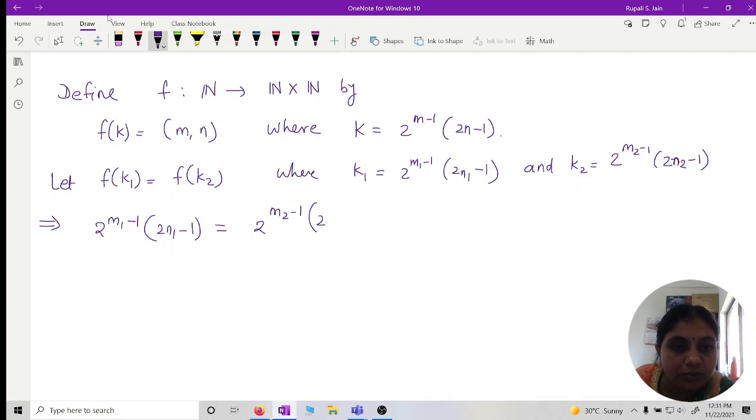When will these be equal? If and only if m1 is equal to m2 and n1 is equal to n2, right? Yes, ma'am. So this implies f is one-one.